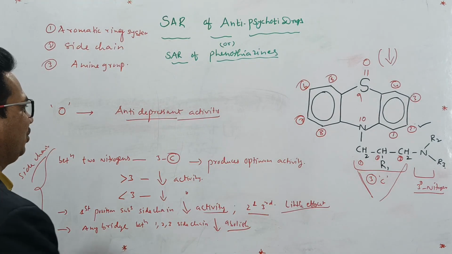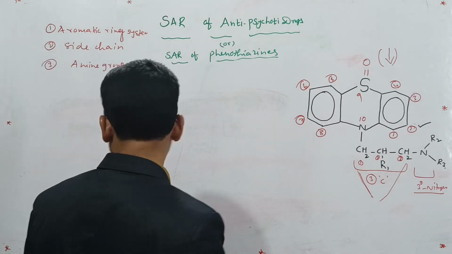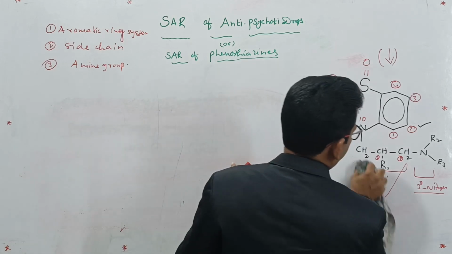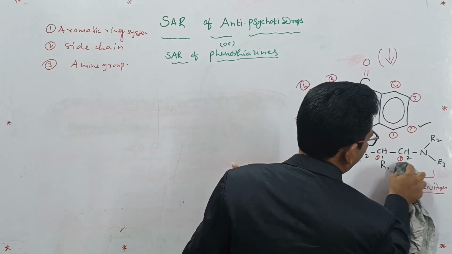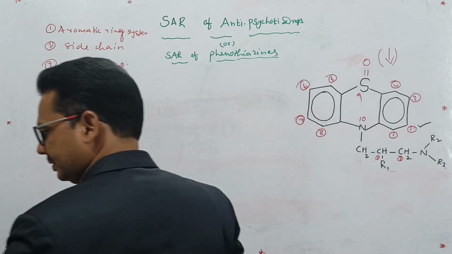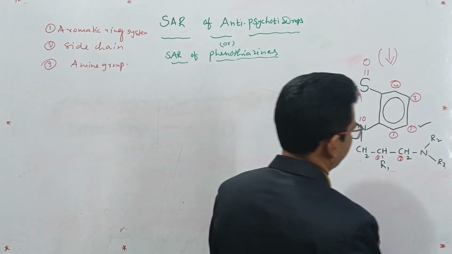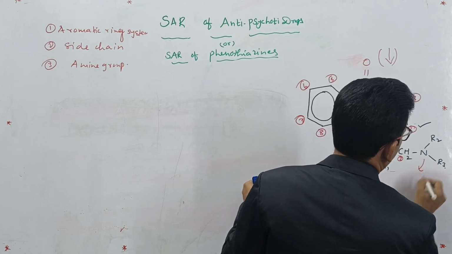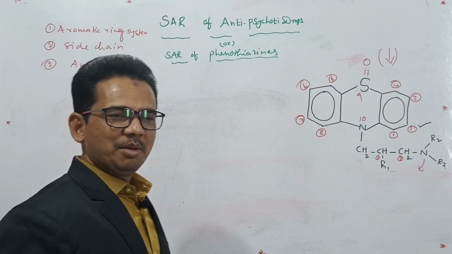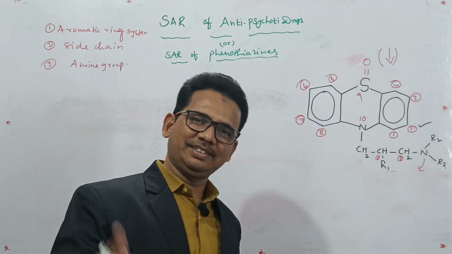Then next we go to the tertiary nitrogen. You can see in this case, already this nitrogen is in the form of tertiary. This is the tertiary form nitrogen. What happens generally, as I told in case of other drugs, primary will have more activity than secondary, than tertiary.